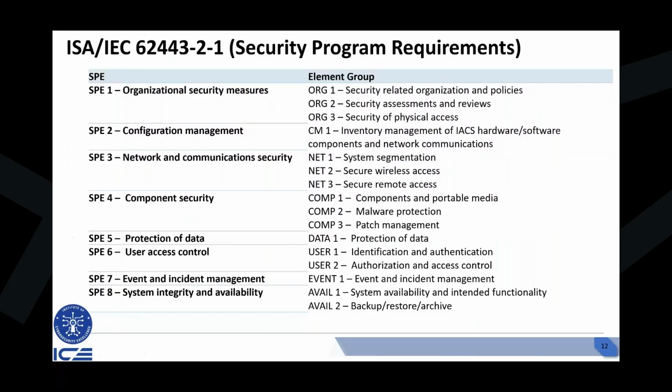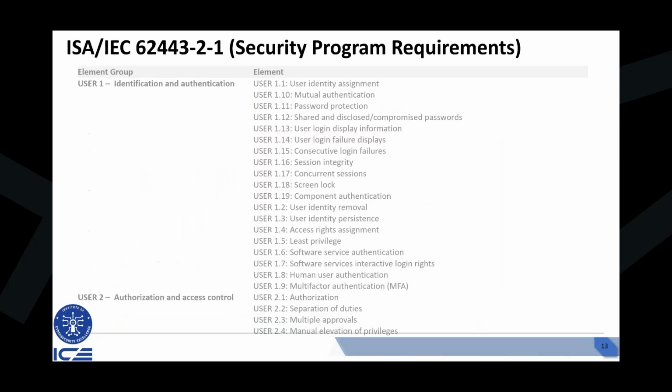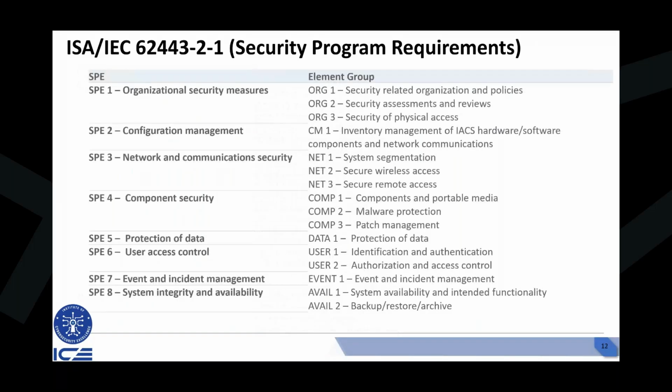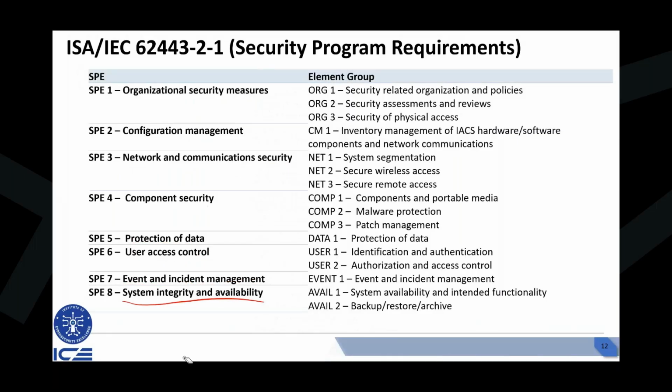The first one is about organizational security measures. Second is about configuration management. Third one is about network and communication security, then component security, protection of data, user access control, event and incident management, and system integrity and availability. And within each of these, it has element groups.